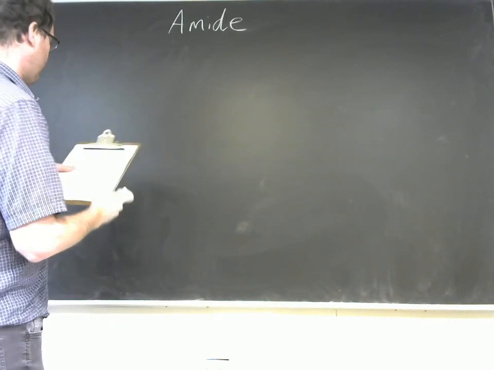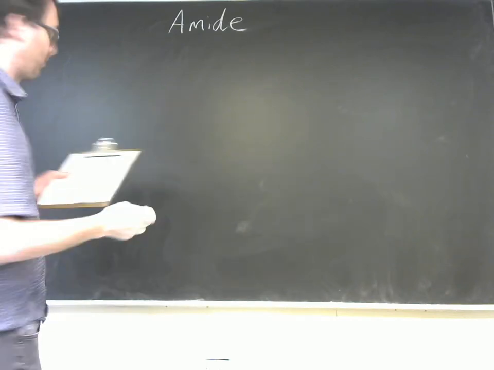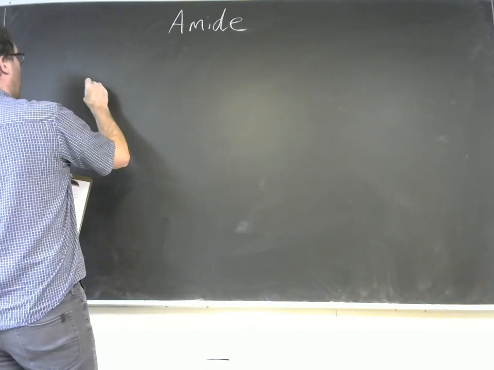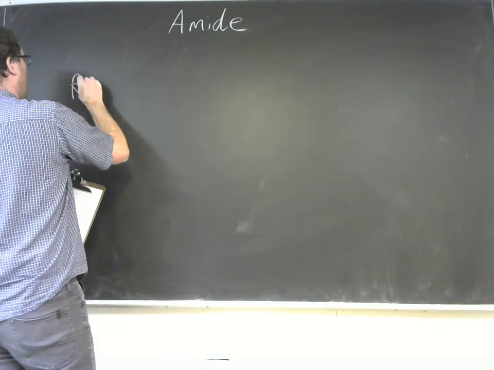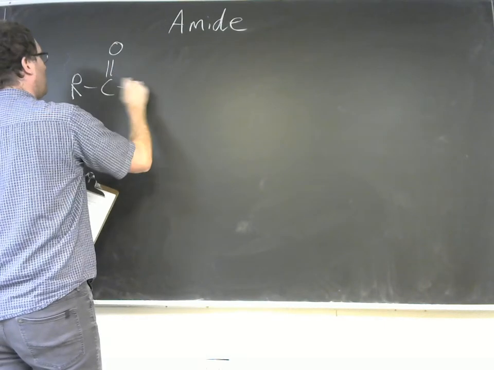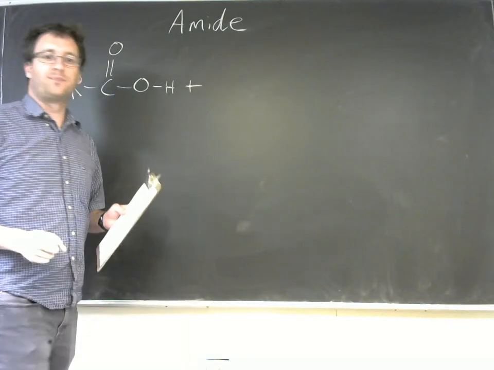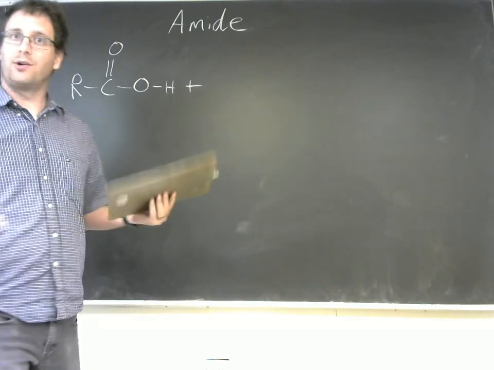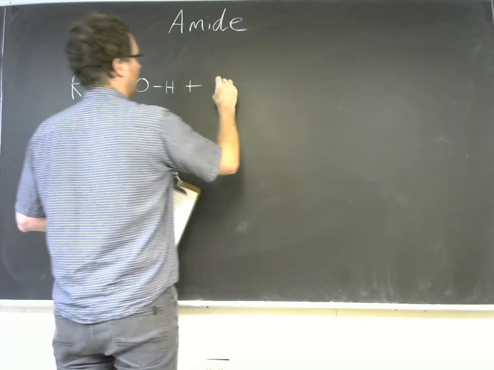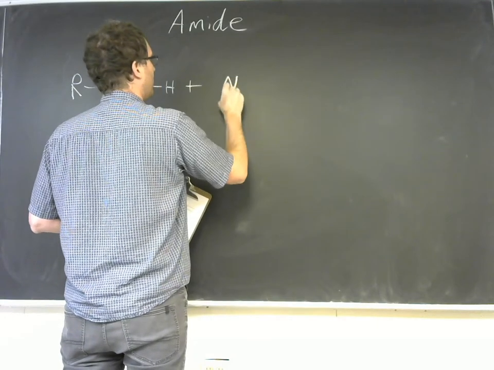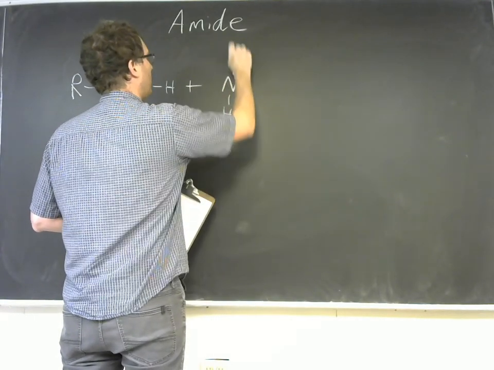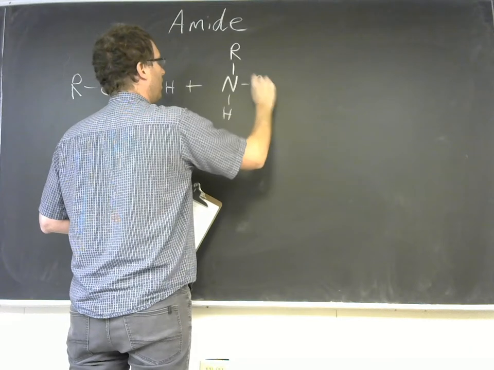So amides are also formed by a condensation reaction. You'll have a carboxylic acid, so we'll say RCOOH. Only this time, instead of reacting with an alcohol, you react it with an amine. So this would be NHR'.